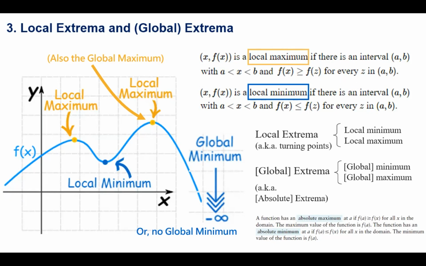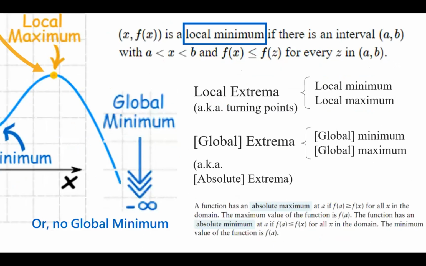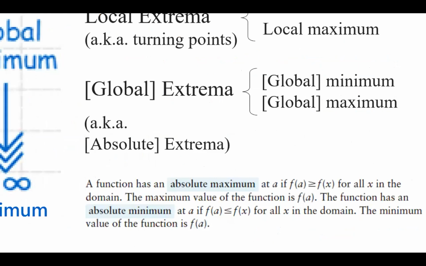Okay, so let's have a look at the concept of global extrema, which is stated here. A function has an absolute or global maximum at a if f(a) is greater than or equal to f(x) for all x in its domain. The maximum value of this function is f(a).